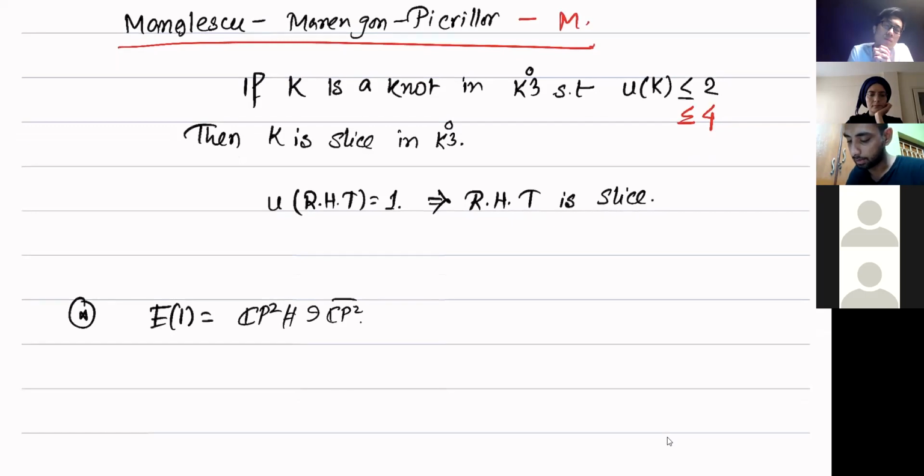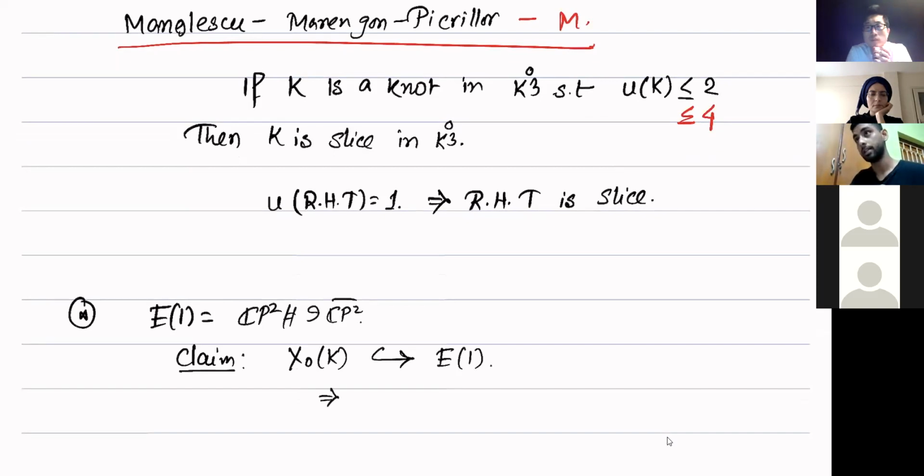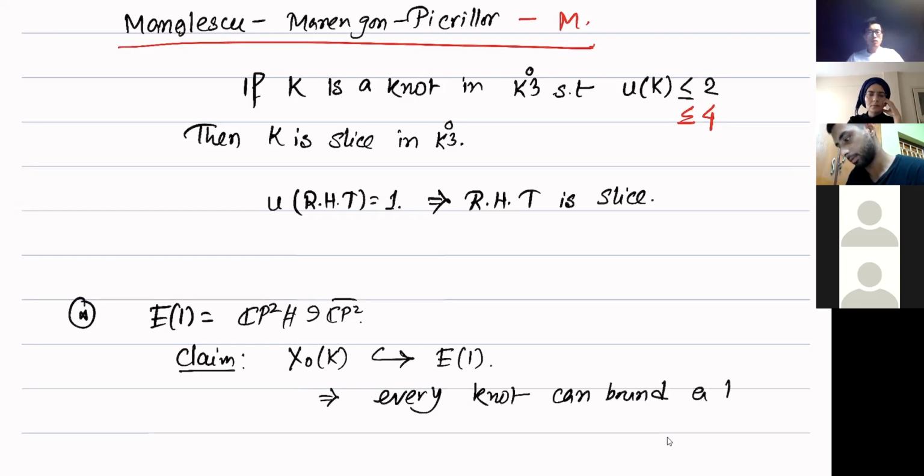And then the claim is that every knot trace can actually be embedded in E1, and that's saying that every knot can bound a disk with self-intersection number 0. Okay.